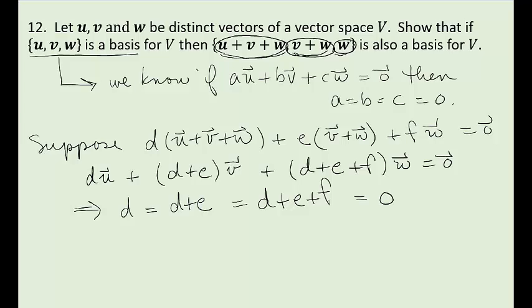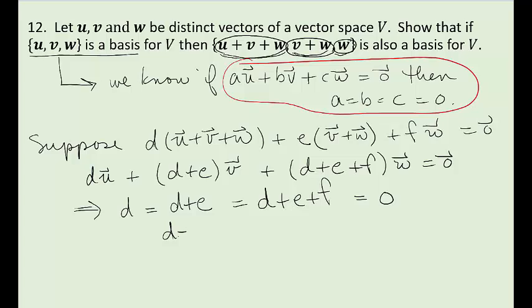And why? Well, because we have written it as a linear combination of u, v, and w, so we can set those coefficients equal to 0. Well, if D is equal to 0, and D plus E is 0, then E is equal to 0, and if D and E are both 0, F is equal to 0. So we are done.